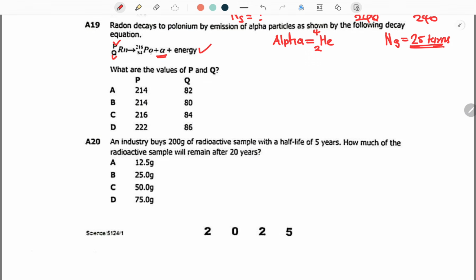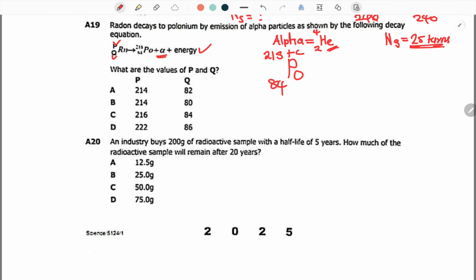So, you've seen polonium. On top there, this is 215, and then down here you have 84. So you will be using helium to find the original, because helium is what polonium is emitting, right? Alpha particle.